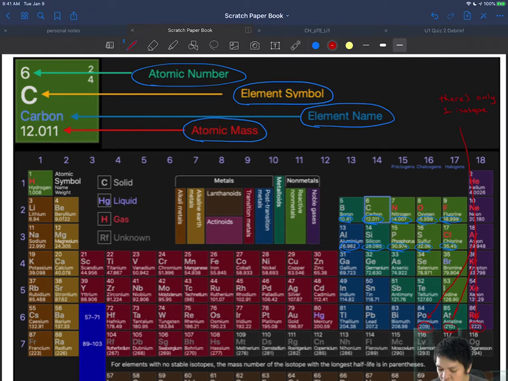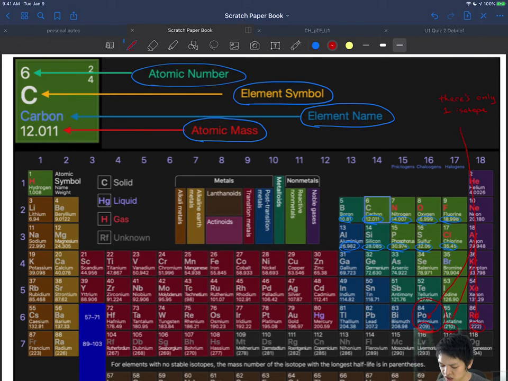Meaning, for example, polonium. Polonium's right here. Polonium has a mass number of 209. So each polonium atom has an atomic mass unit of 209. 100% of the time when we find polonium that exists in nature, all of those atoms are polonium-209.